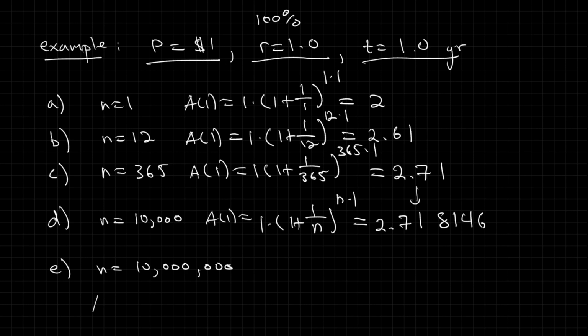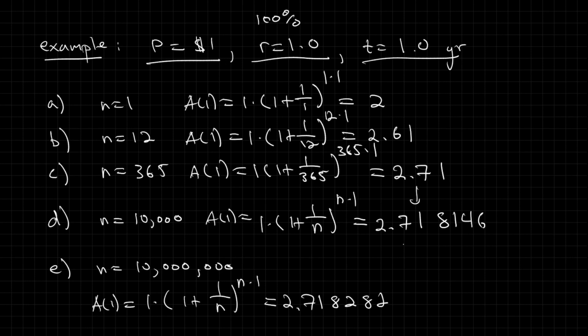Finally, we'll take a look at A of 1 when we compound 10 million, not 20 million, times. 1 plus 1 over, again, I'm just going to put n. Here, n is 10 million. And my calculator says that this is 2.718282.